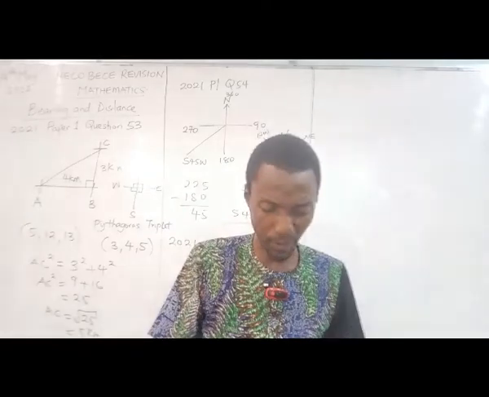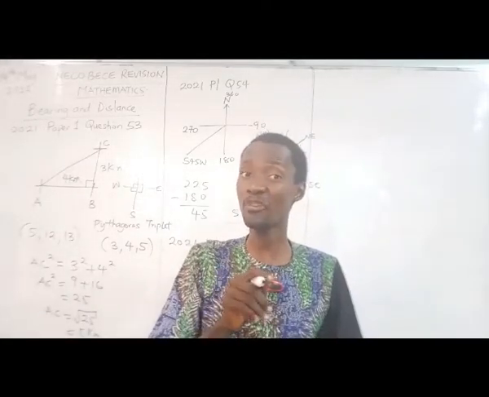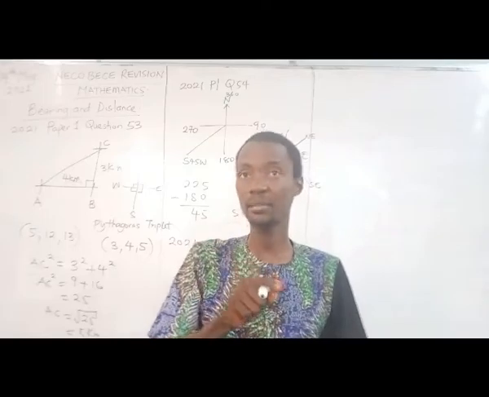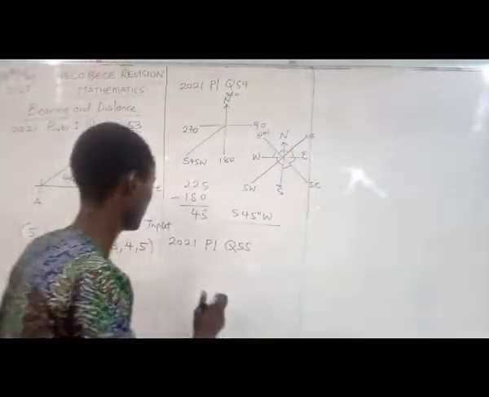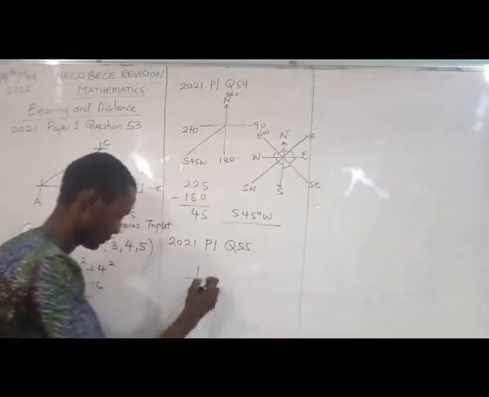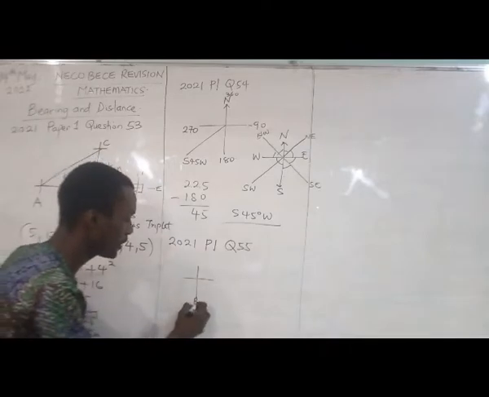The question says the bearing of A from B. It will mean that the reference is what? B. So you're going to draw B first. The bearing of A from B. This point will now be B.